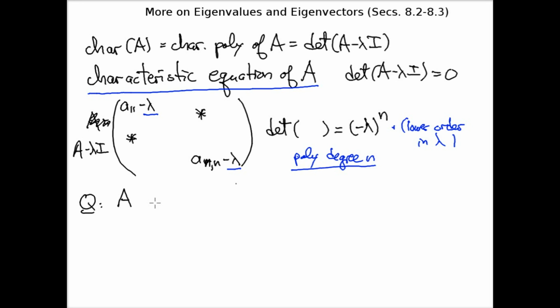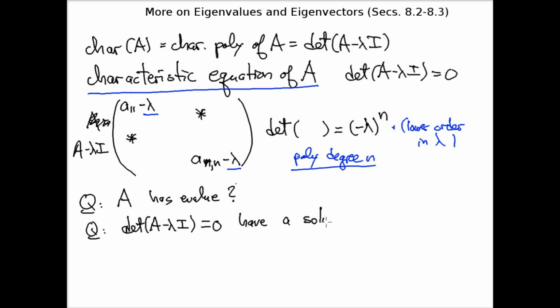You have this A, and I want to know whether it has an eigenvalue. Well, that's exactly the same thing as asking, does the equation determinant of A minus lambda I equal 0 have a solution?